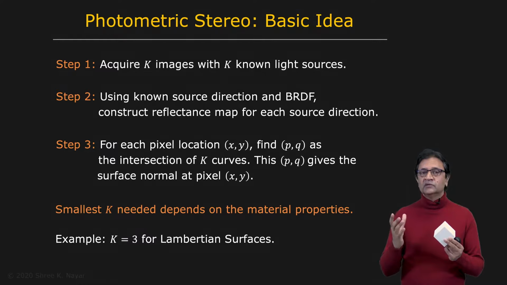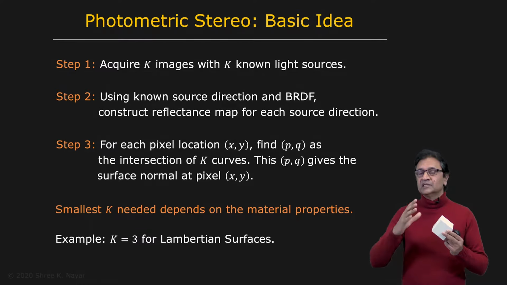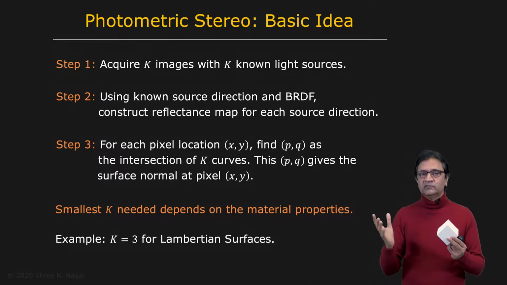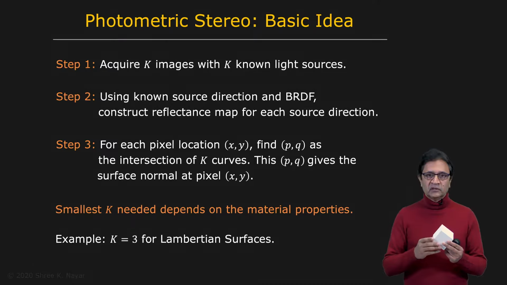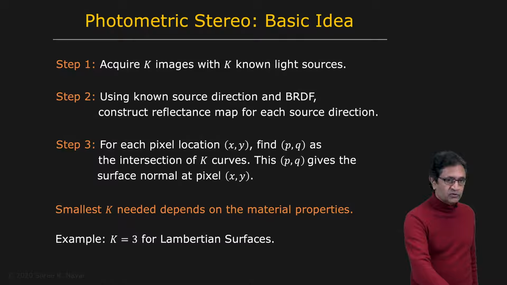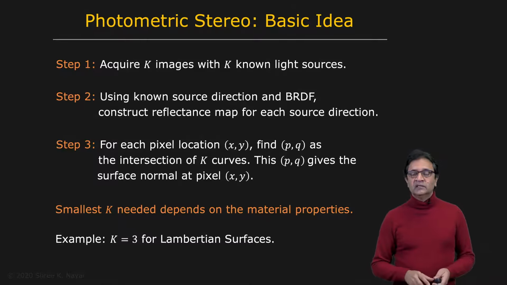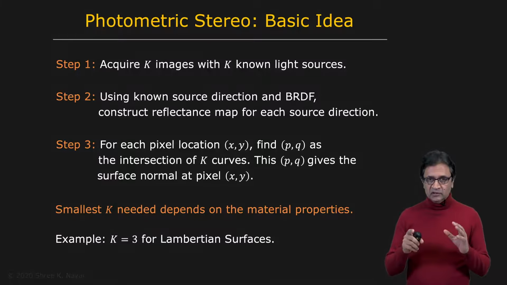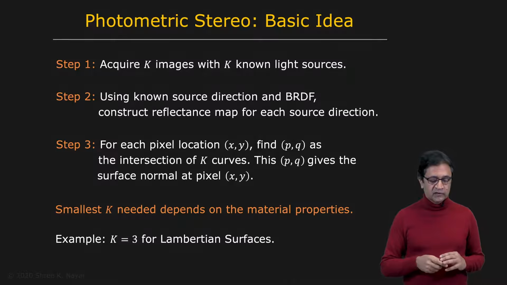So you need the light sources to be separate from each other, different from each other, and yet close enough that all points on the object are visible to all 3 light sources, and conversely. So this is a Lambertian object, and for this it turns out that the number of sources you need to use is 3, and this is a special case and we'll explore it further.